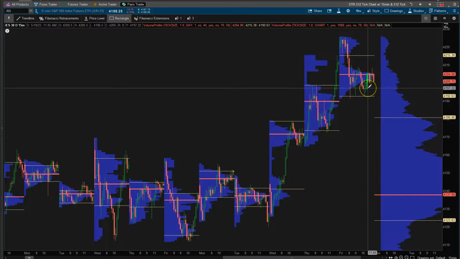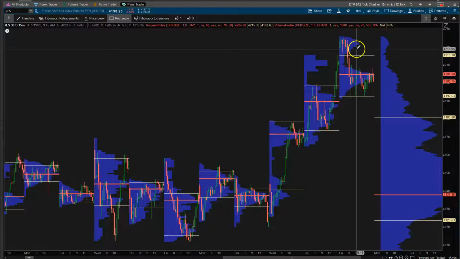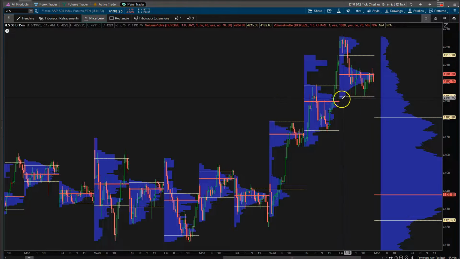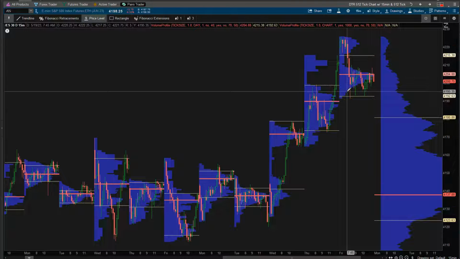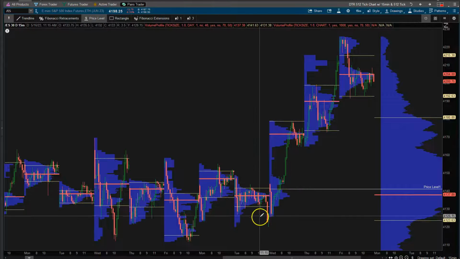Now, when I use these levels, I personally like using regular trading hours only, not so much the extended trading hours. And then what I'll do is I look for potential areas that have not been tested, right? So we could see this value area level's not been tested.